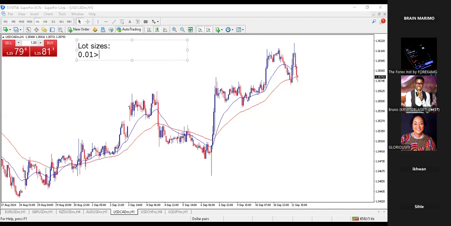What would that equal to in dollars? Let's keep it as basic as possible. Let's say we're talking 1 pip here. We want to understand the value of 1 pip using 0.01. I think that should be $0.10. Yeah, that's 10 cents.